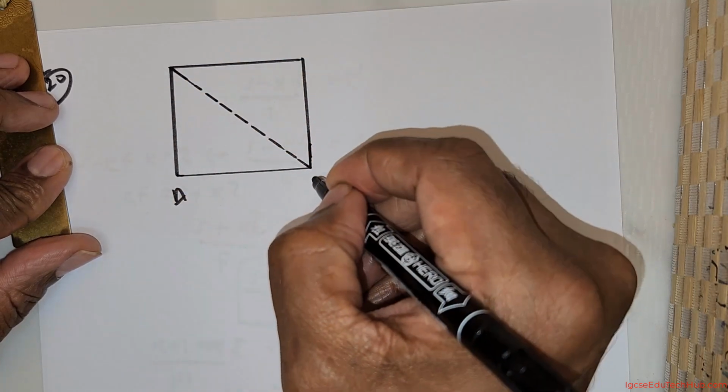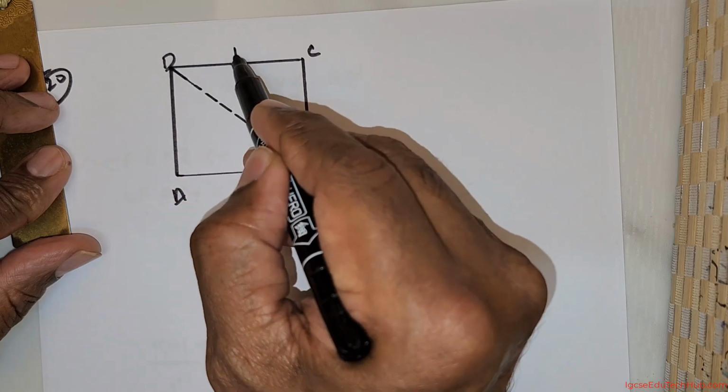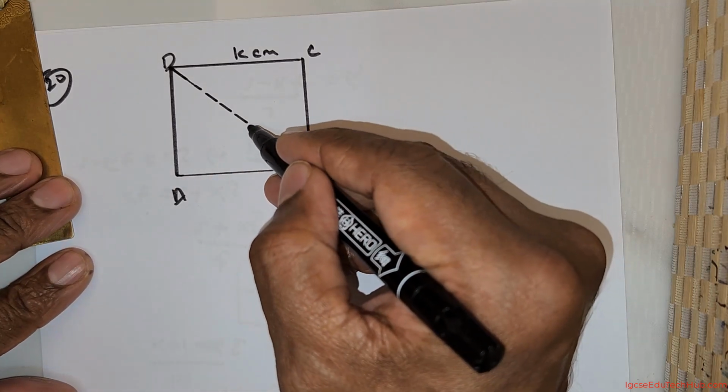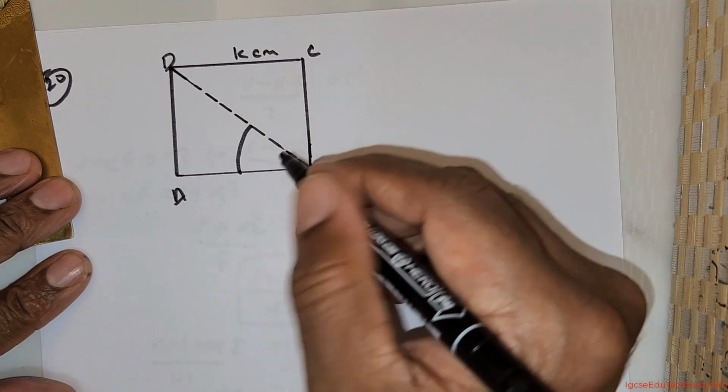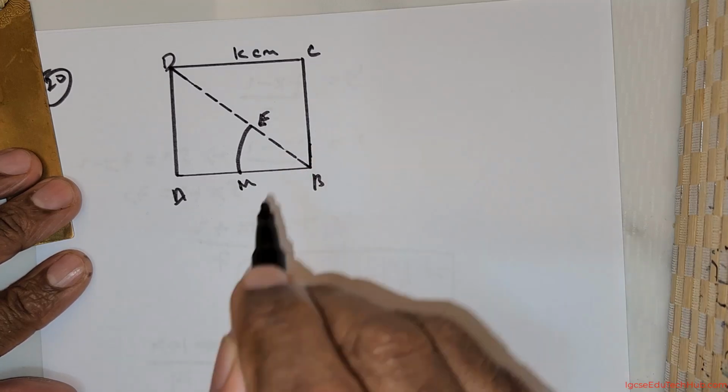This is A, B, C, D. The side length is K cm. Now I need to draw the sector arc. So there is an arc like this. This point is M. This point is E.